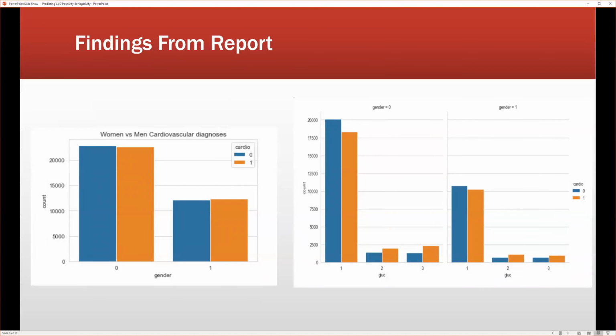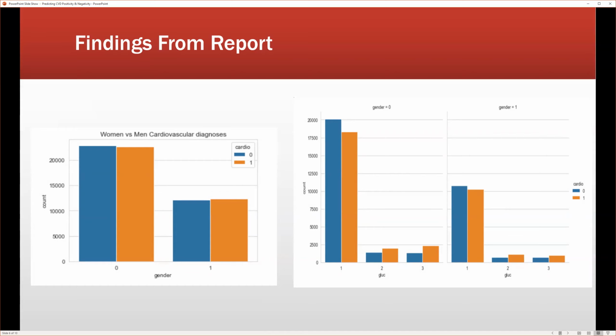Now, if we look over to the right, we can see that this takes into account the glucose level per gender and whether they actually have the disease or not. We can see that for glucose level 1, both men and women are pretty high.